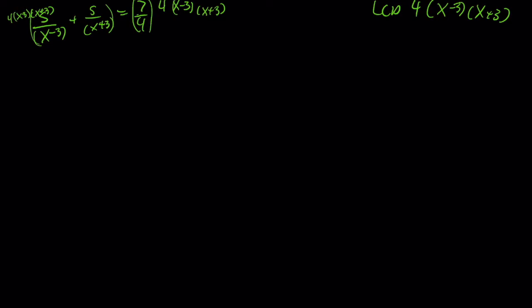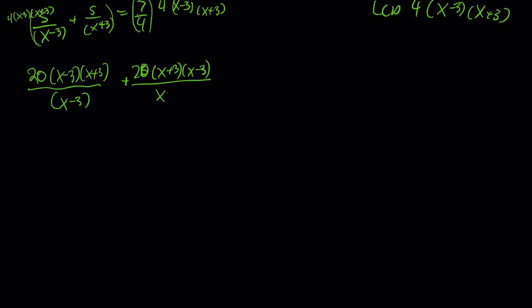So I'm going to get, I'm not going to shortcut, 20 times x minus 3 times x plus 3 over x minus 3, plus 5 times 4, which is 20, times x plus 3 times x minus 3 over x plus 3, equals 28, because 4 times 7, times x plus 3 times x minus 3 over 4.